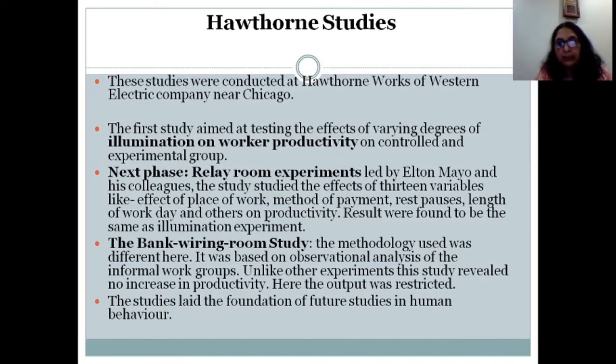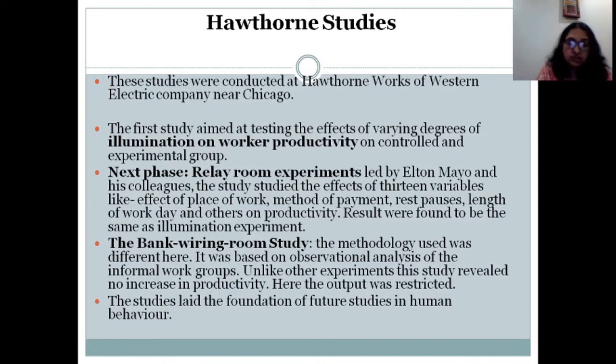So, what were the implications of these Hawthorne studies? Now, after collecting and analyzing the data, the researchers discussed with each other. And in discussing these Hawthorne studies, the researchers found the reasons that the workers gave for their preference.